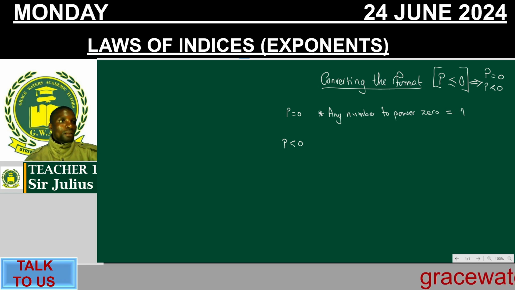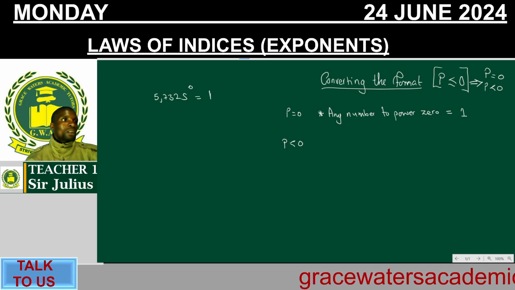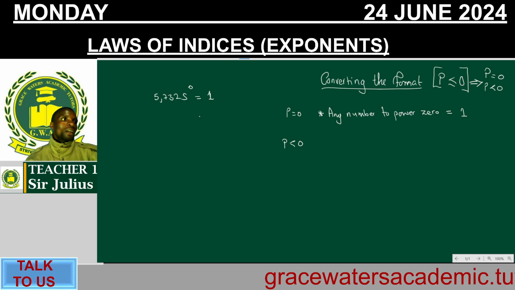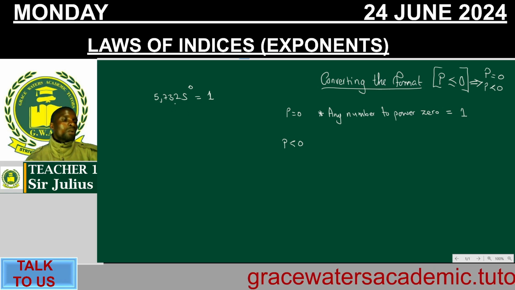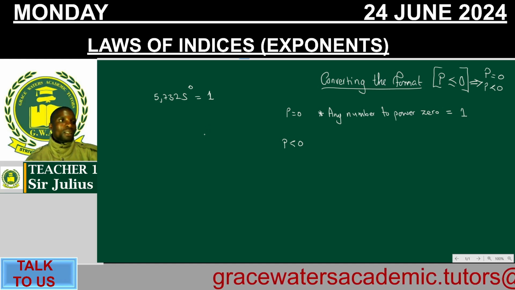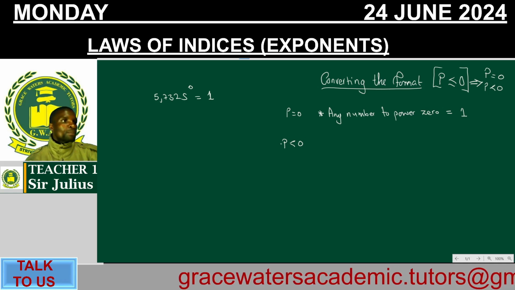If I'm given 5, 7, 3, 2, 5 whatsoever, and they put power 0, I just put a 1 with 100% confidence. The answer is 1. There is no need to use a calculator.